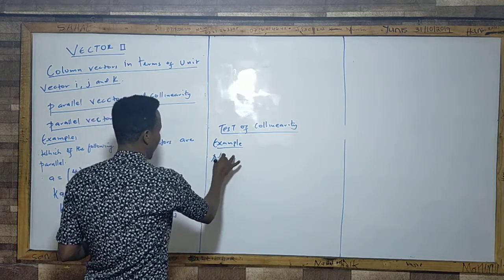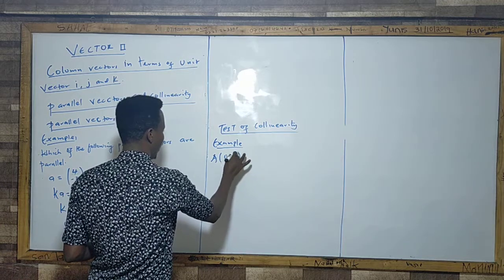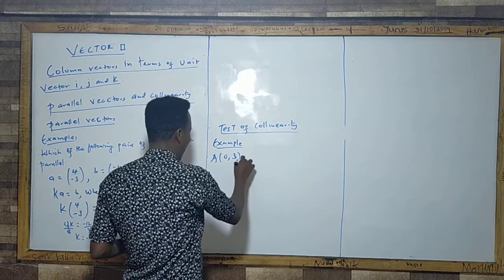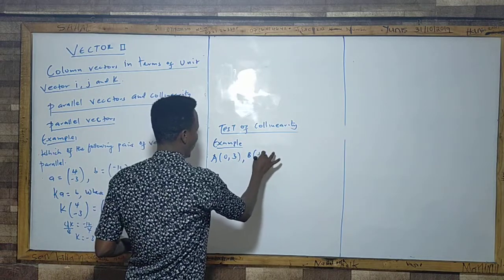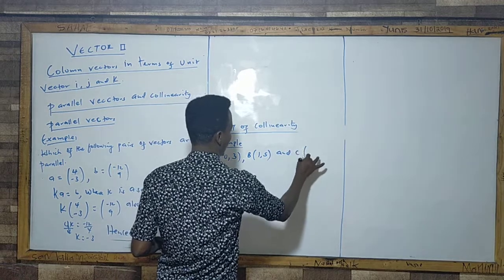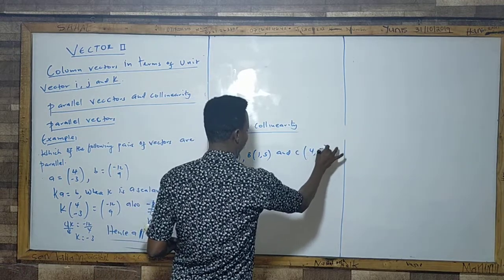You are told A is (0, 3), then we have B (1, 5), and C is (4, 11).